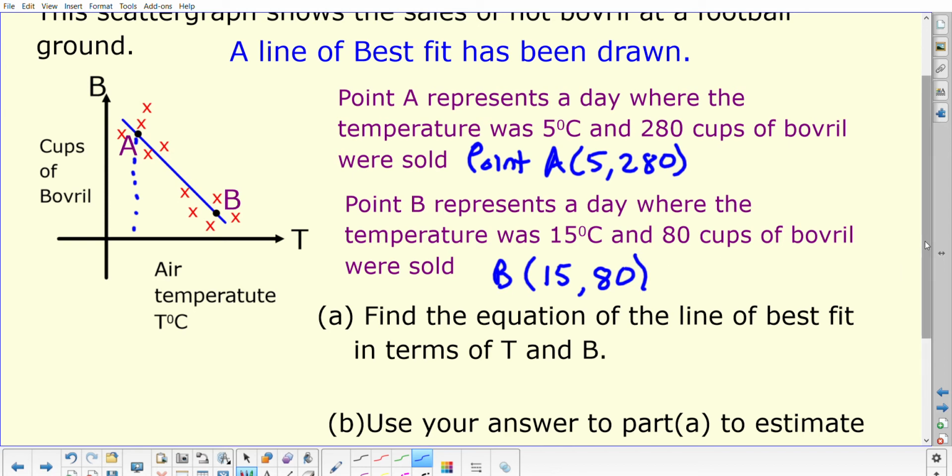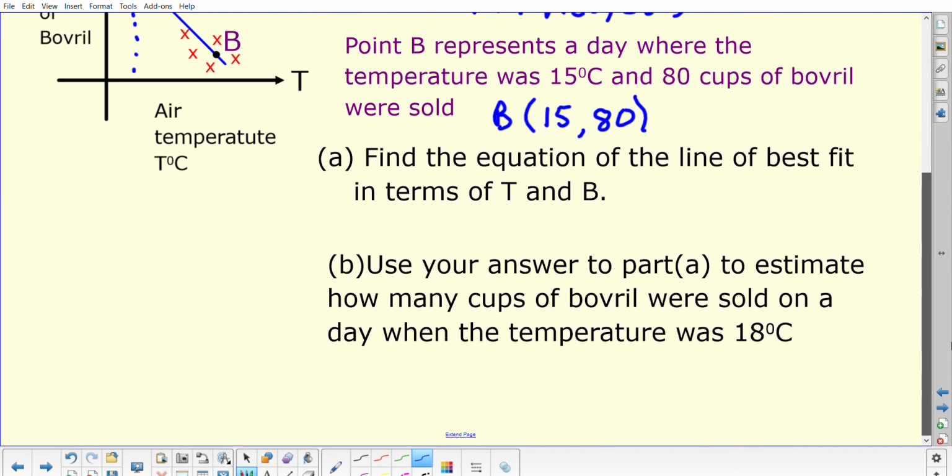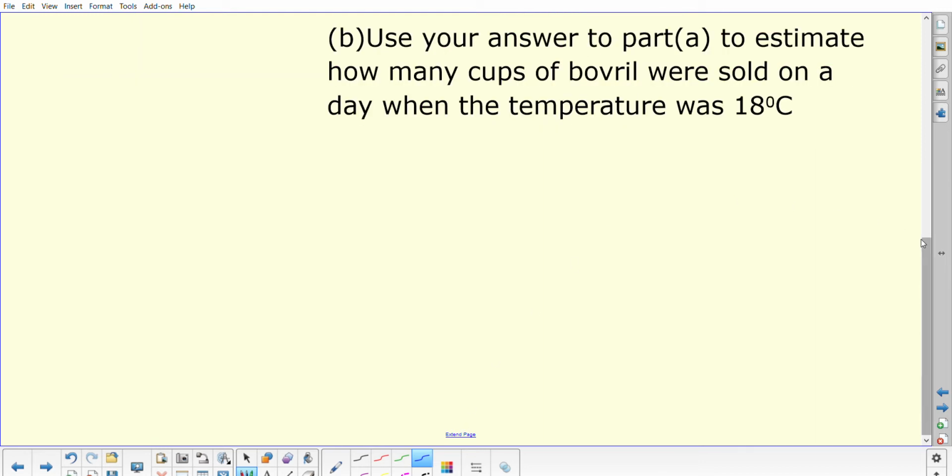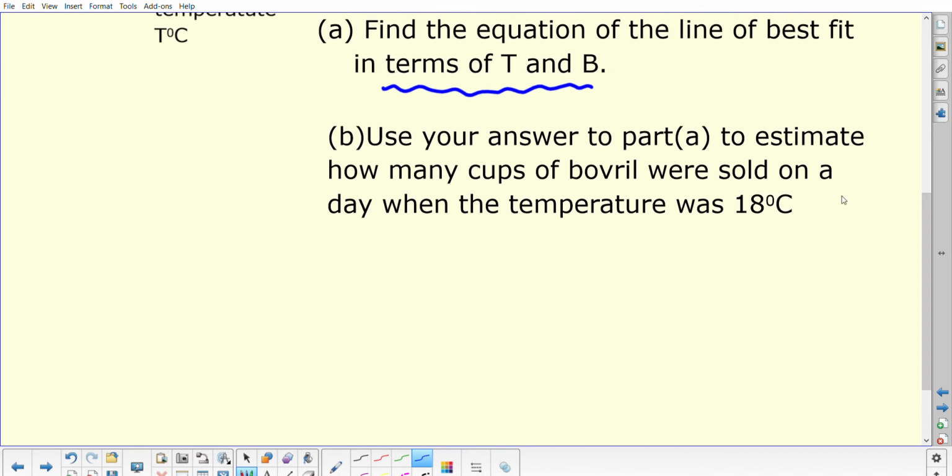Using those two pieces of information, you are going to be finding the equation of the line, and also notice this bit about in terms of T and B. That will be vitally important that you pick up on that. And then part B, once we've got our equation, we're going to use it to find a value for another point that's not on the line.